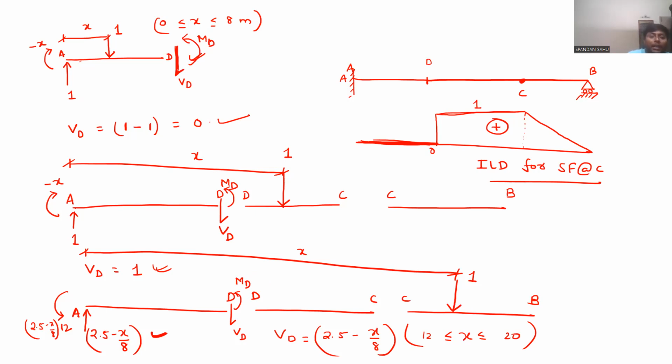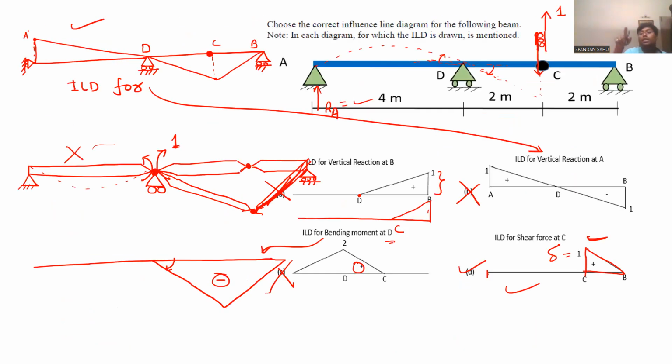So calculate VD, shifting your unit load. Similarly, here you cut the section at C, apply VC, that is shear force at C, shift your unit load between AD, DC and CB, and calculate all those RA, RD and all those forces.